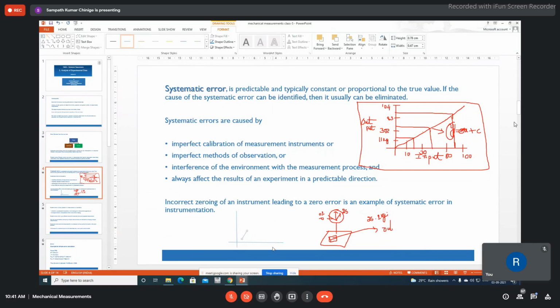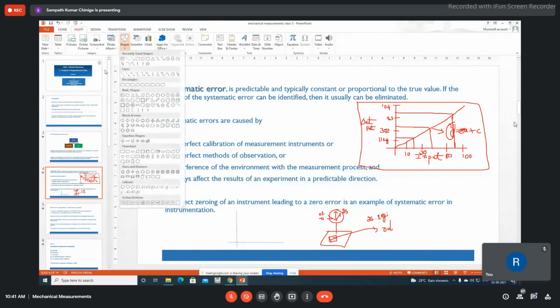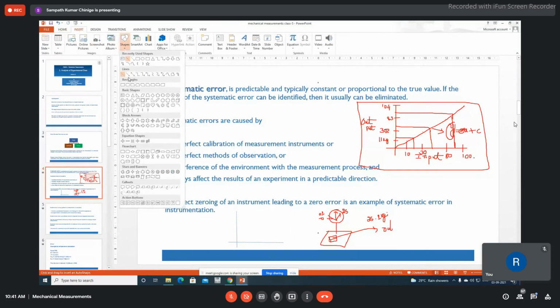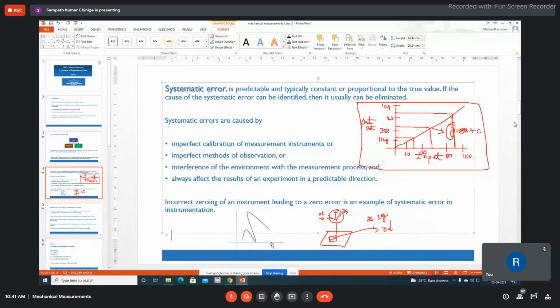But instead, just imagine that this kind of randomness is there in your input to output relation.